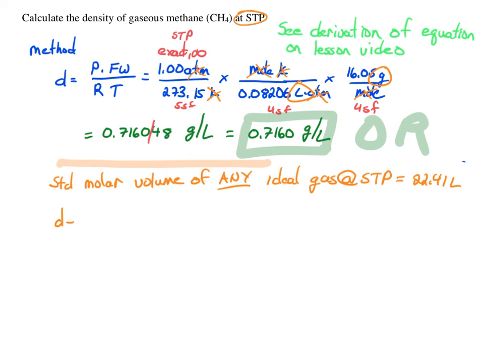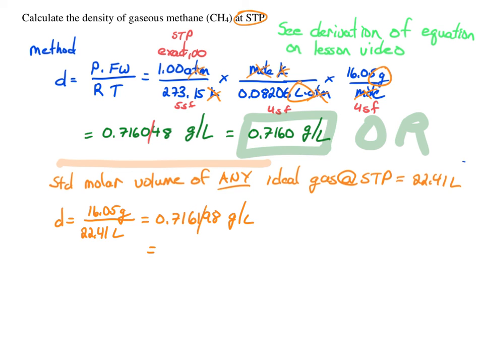We know that the density is going to equal the mass of 1 mole of gas, which is its formula weight, 16.05 grams, and its molar volume is 22.41 liters. And when we do the math, it comes out the same as our first calculation, at least within sig figs. 0.716198, units are grams per liter.